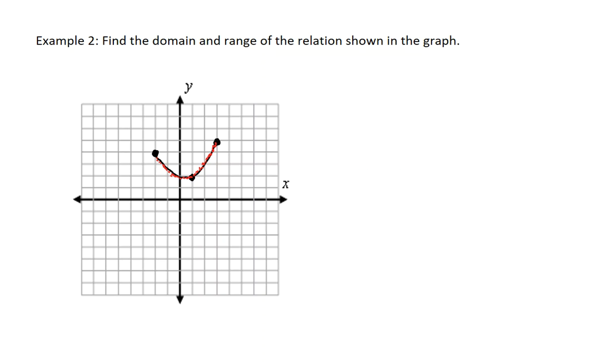Alright, so let's just start with the domain. We need to think about what x values all these infinitely many points map back to. Well, if I map all those points back, and there's infinitely many of them, basically they're going to fall somewhere in the range between -2 and 3.